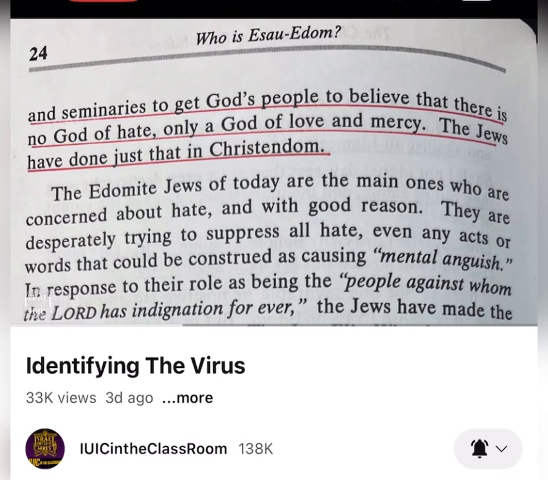So look at what it says, and we're going to go back and pull this apart. It says these people will set up places of learning, institutions, churches, to lead you to Christendom, to teach you there's a God only of love. You know why? To get you pacified so you don't acknowledge the atrocities they have done to you.